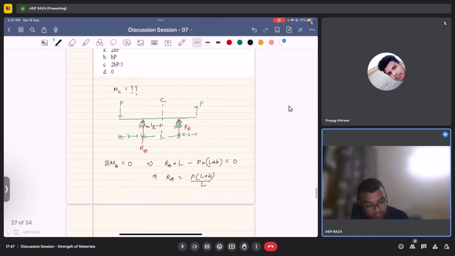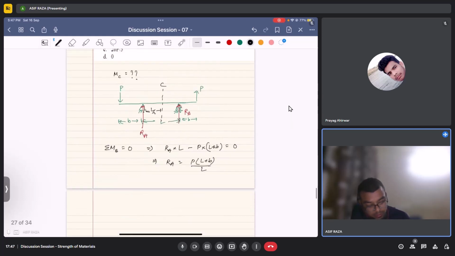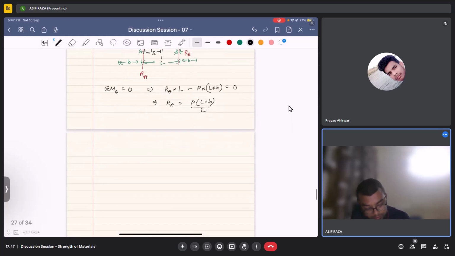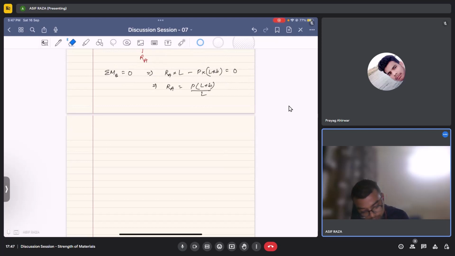Now to find RB, do I need to? Not necessarily. So I can just directly compute moment at C. Okay, let me solve that also, so that if needed we can use it. So sigma Fy is equal to 0.